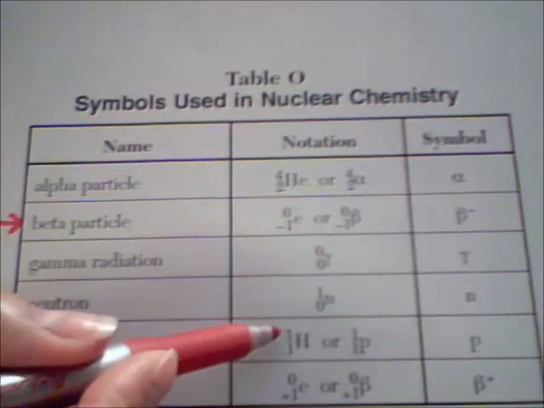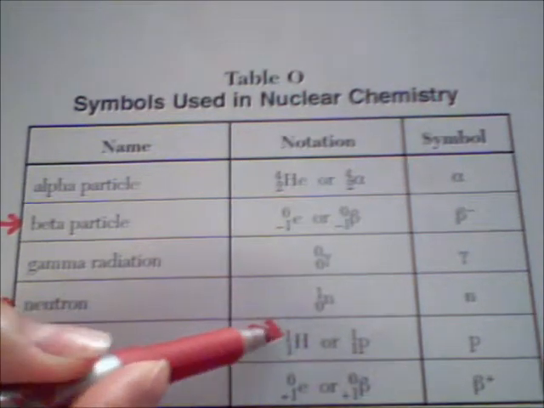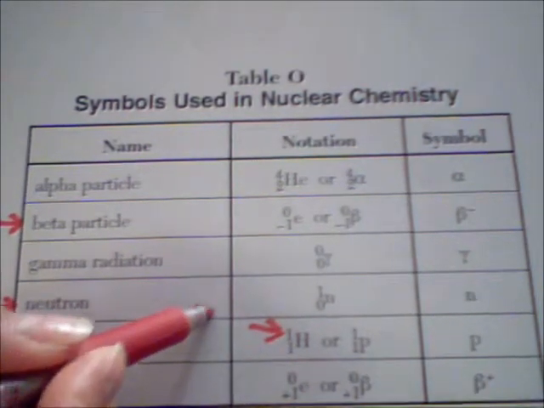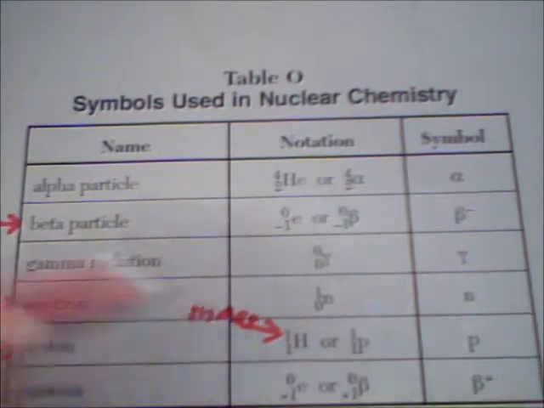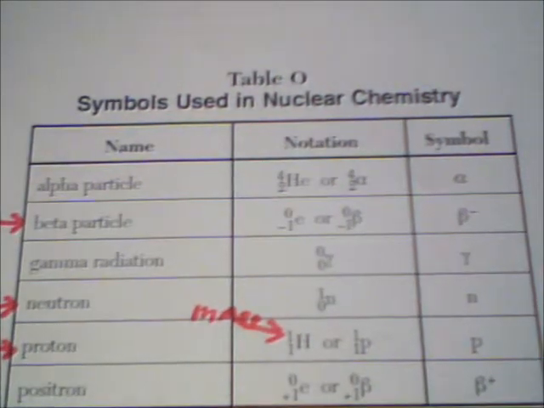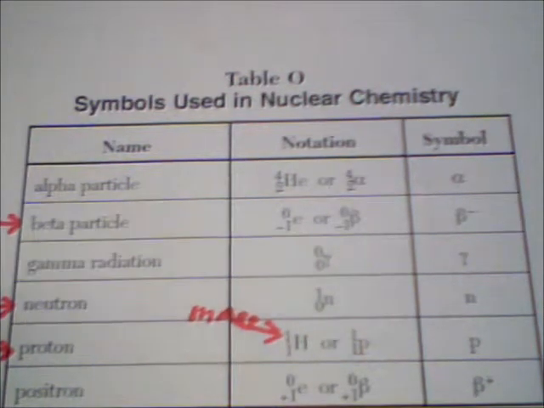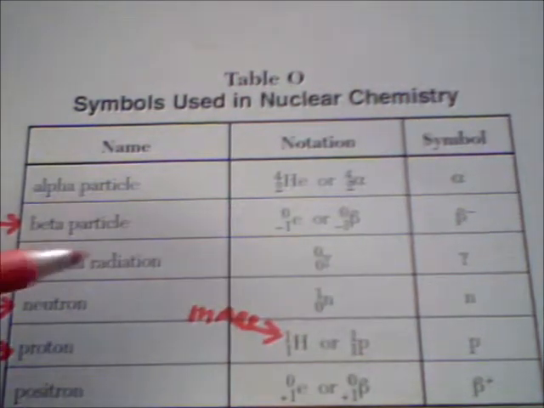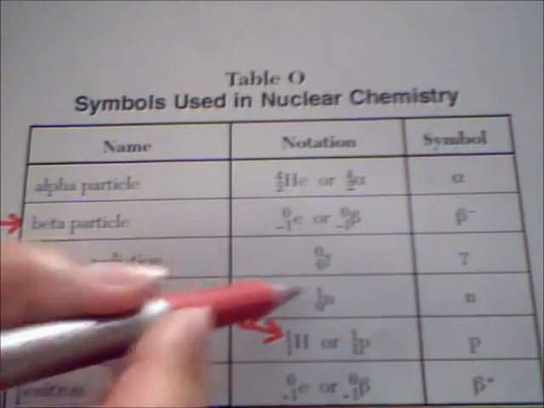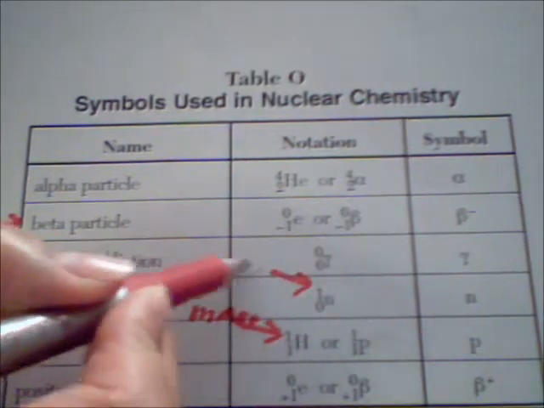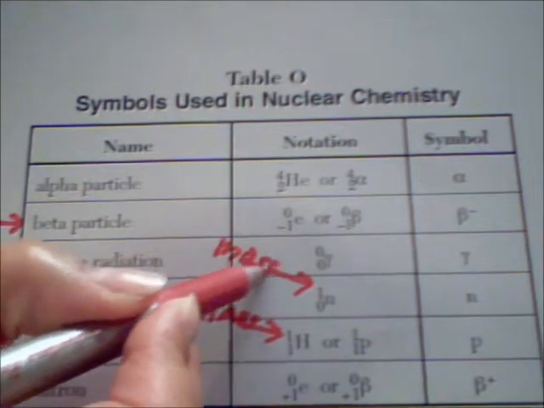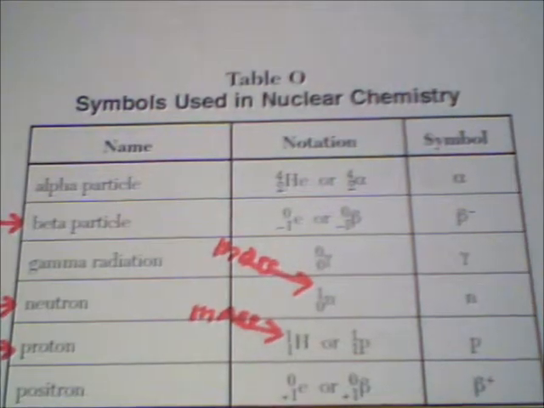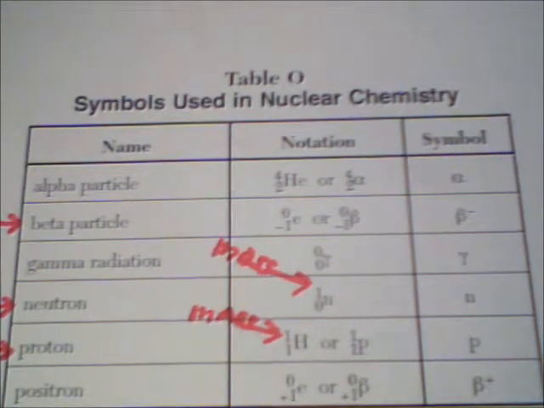So the proton, you'll notice the top number represents mass. And mass for a proton is just 1. If you look at the neutron, top number represents mass, and the mass for a neutron is 1.